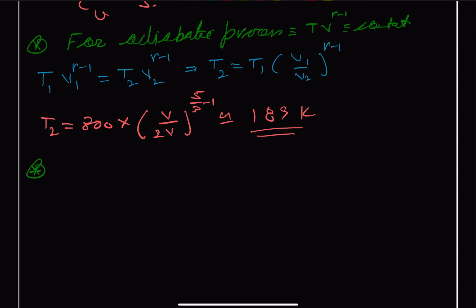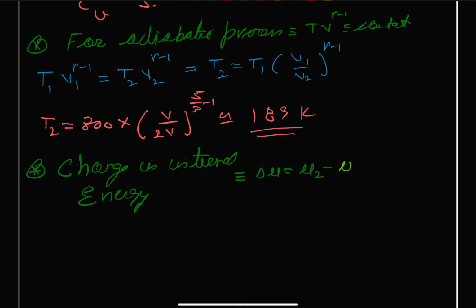And we can write the change in internal energy, that is delta U, is equal to U2 final minus initial. And the standard formula we already know is that U is equal to N C of V multiplied by T. So we substitute it here.